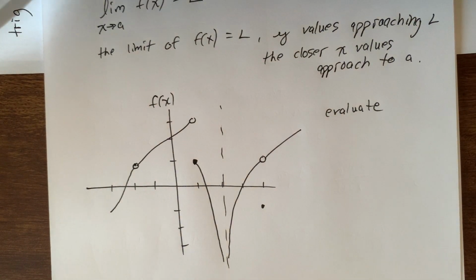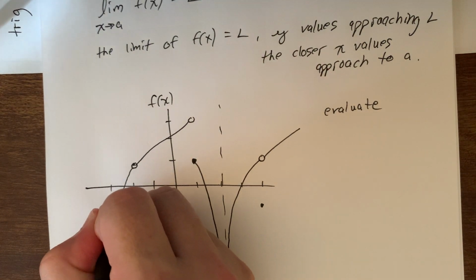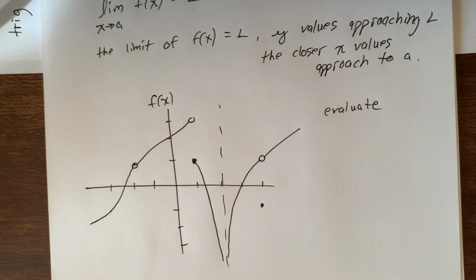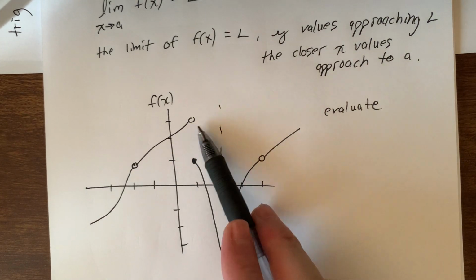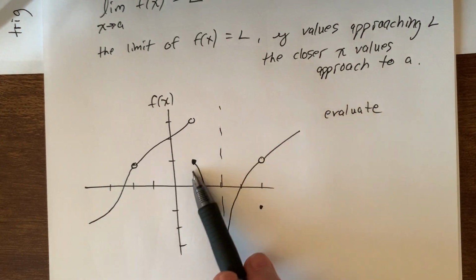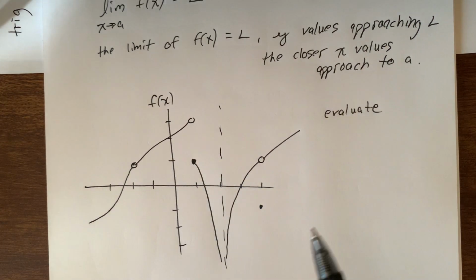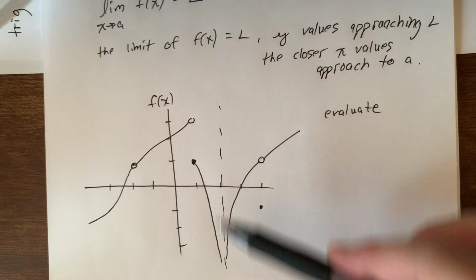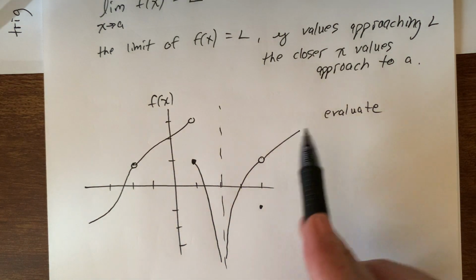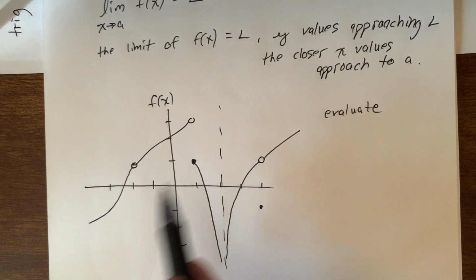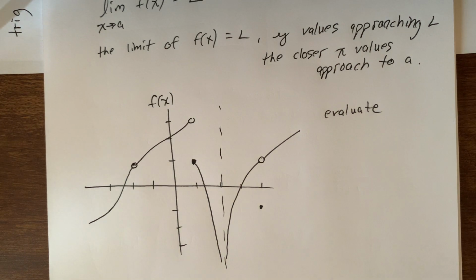But again, a few things to realize about the graph. Open circles are not included points in the graph. Filled in are included, okay? Here we've got a vertical asymptote going through the middle. On the ends of the graph, without a filled in or open circle, we're supposed to assume these things continue.